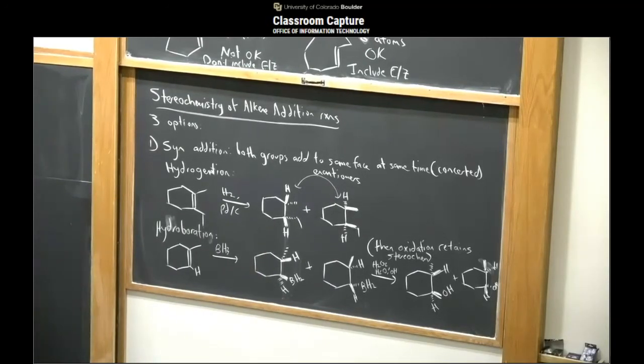Okay, so next up as a possible outcome is the opposite of syn addition, which is called anti-addition. And the key tip-off here in the mechanism is that one group attacks first, and then the other group comes in and attacks from the back face.